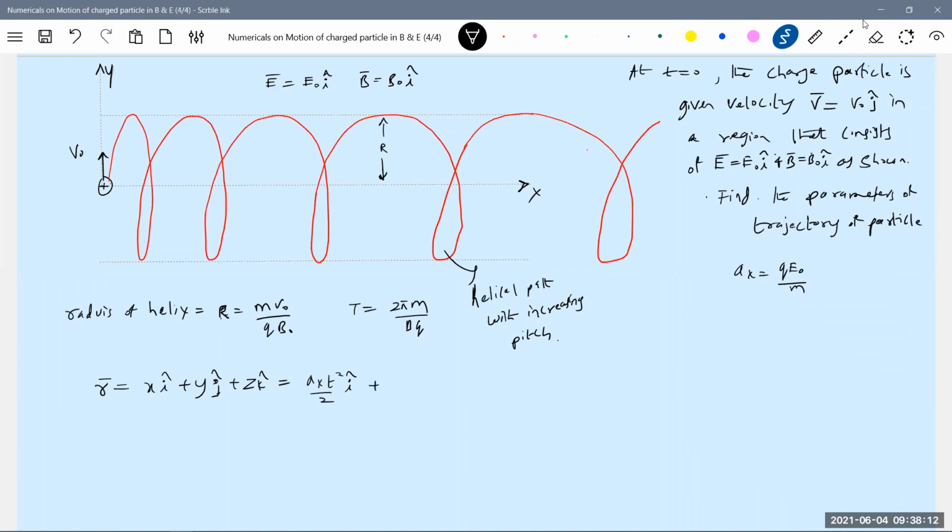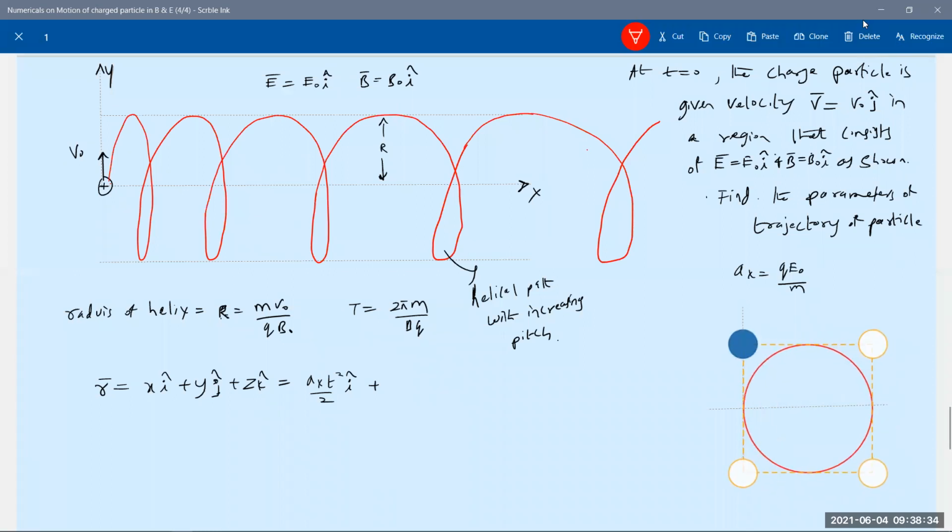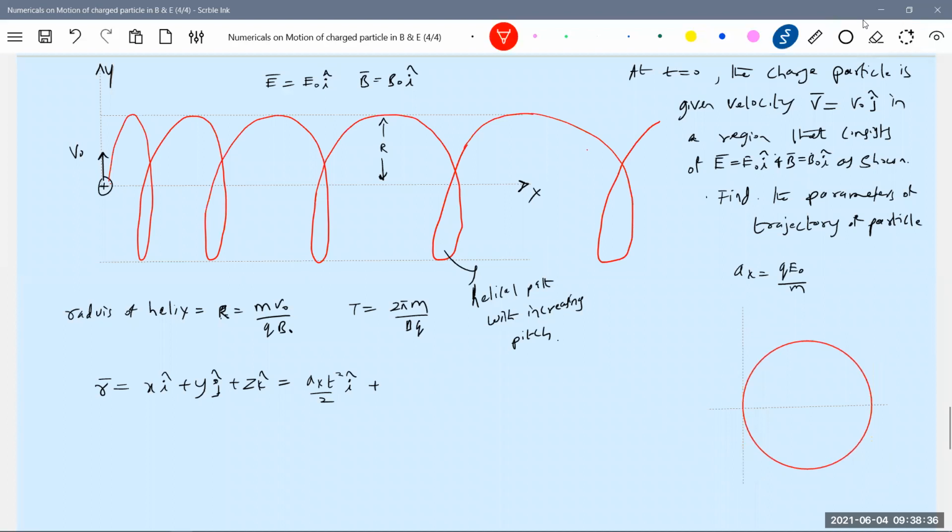And then what about the y coordinate? Here again you take help of the earlier diagram. In the y minus z plane, what should be the trajectory of the particle? Now I'll look at the chart.